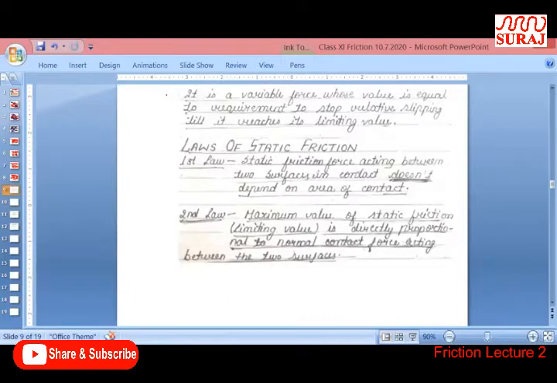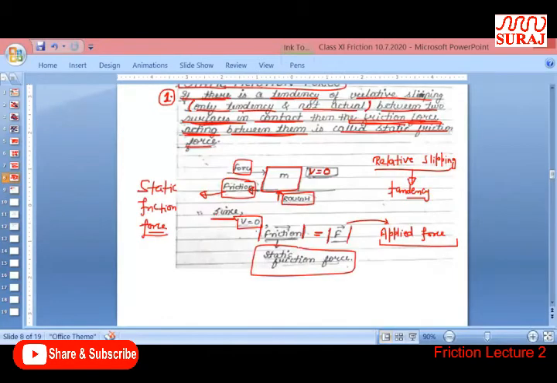Now let's come to the second point regarding the static friction. It is a variable force. Why is it variable? Because the applied force may change, and I have shown you that whenever the applied force changes, the static friction force will change with the same value.